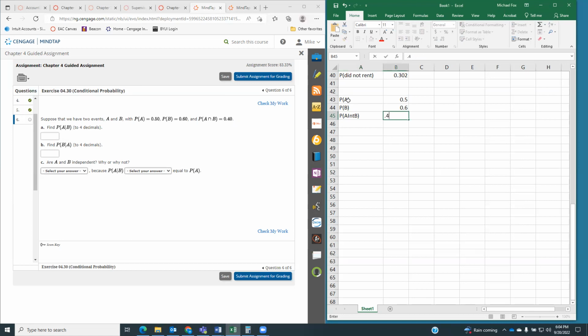And that's 0.4. So the probability of A given B is just going to equal the probability of the intersection of A and B divided by the probability of B.